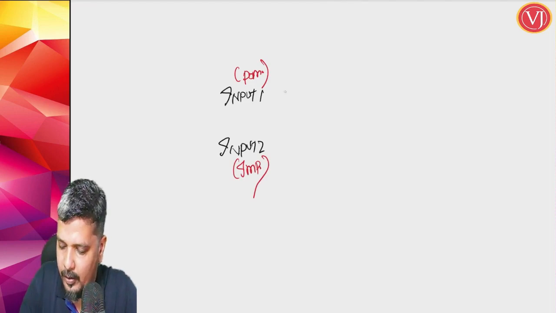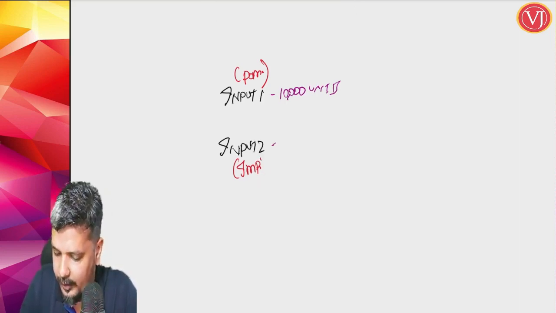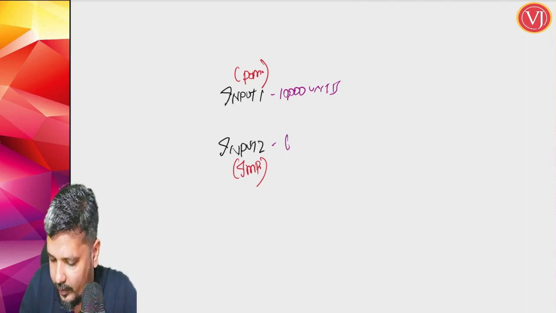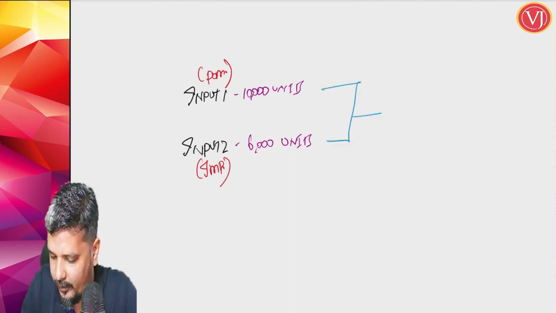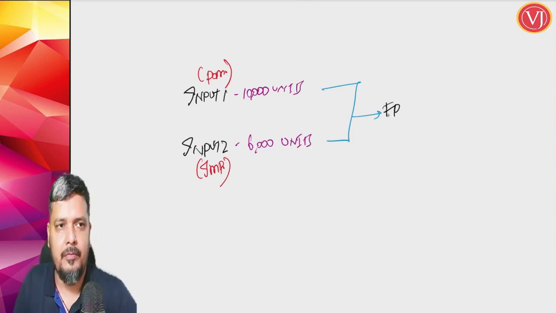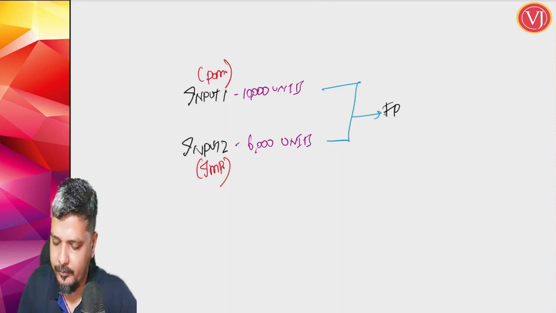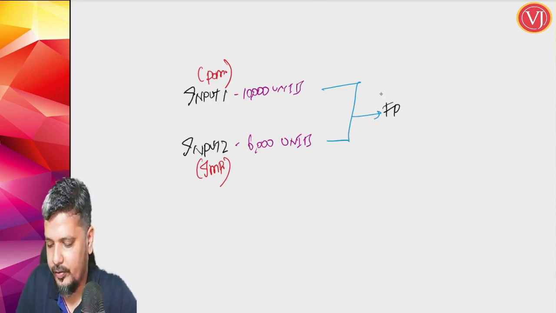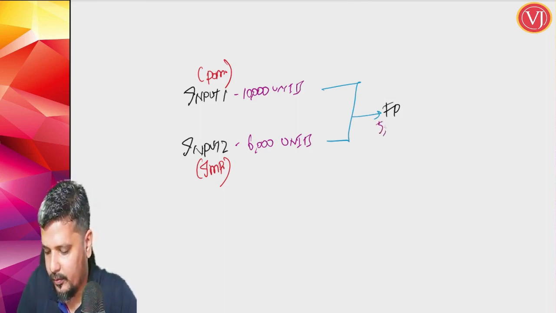This input 1 of 10,000 units along with input 2 of 6,000 units are used in manufacturing final product, which is say 5,000 units.